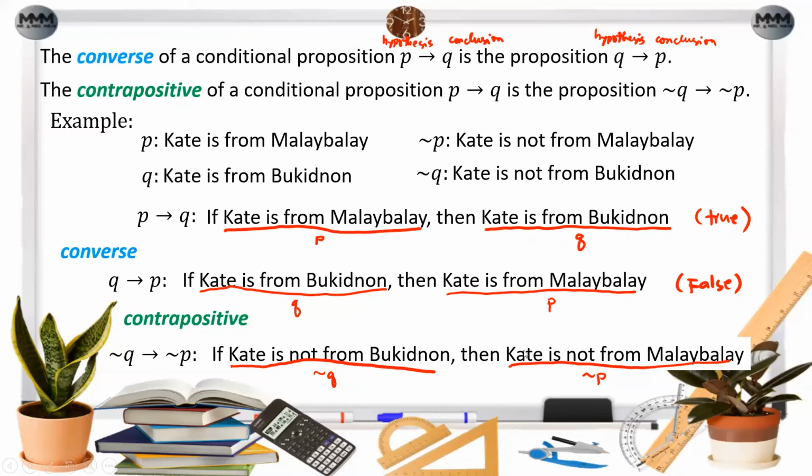So this statement here is always true. So given the conditional proposition if P, then Q, it always follows that our contrapositive proposition is true. It's not true in general for the converse of the conditional proposition if P, then Q.